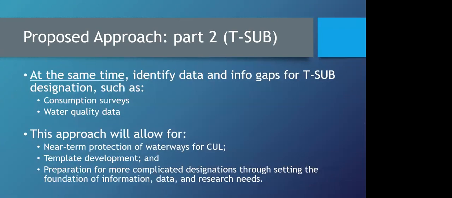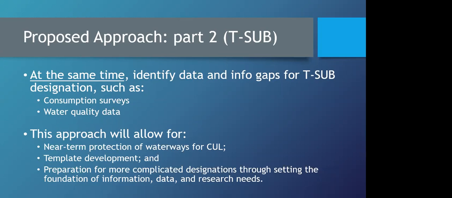So part 2 of our proposed approach addresses the Tsub designations. We know that these will be more complicated because they require consumption surveys and water quality data. So at the same time that we're pursuing coal designations, we will work toward identifying data and information gaps for Tsub designation, such as, where have consumption surveys been done?